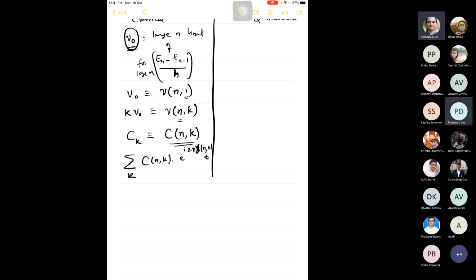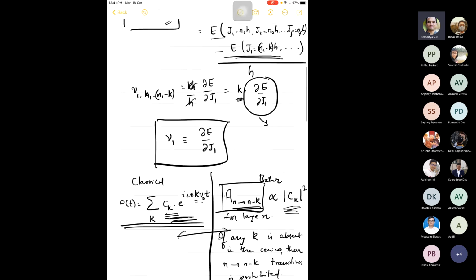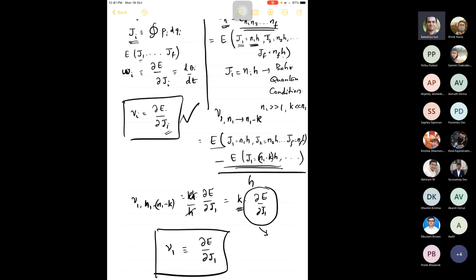Now what Bohr said is, if you take this for some large n, he doesn't specify what the large n is, he says for some large n, if you take the formula (En minus En minus 1) by h, basically here we did this.